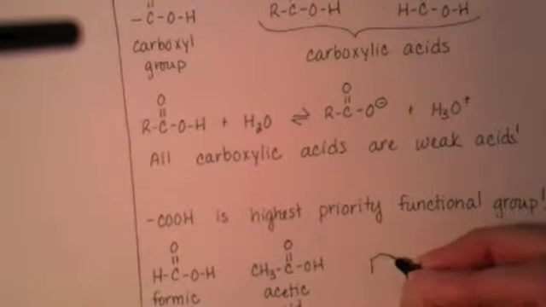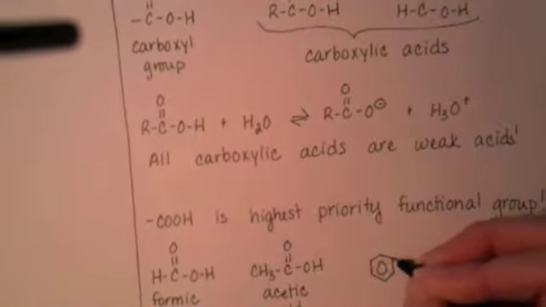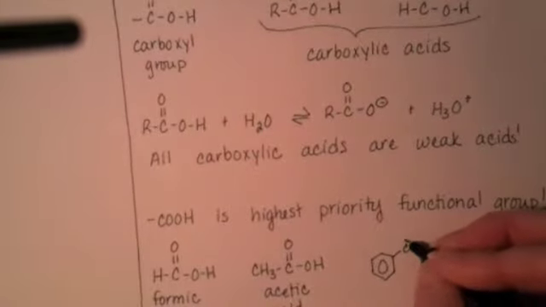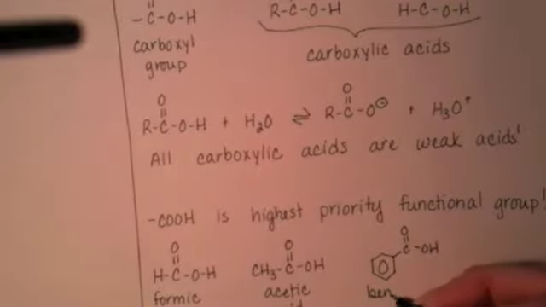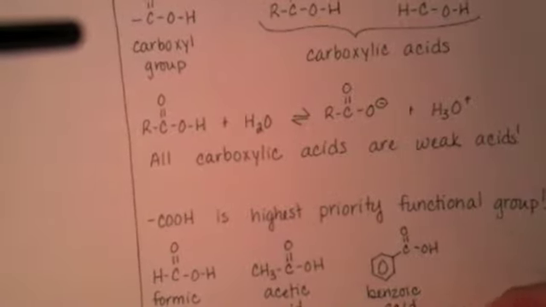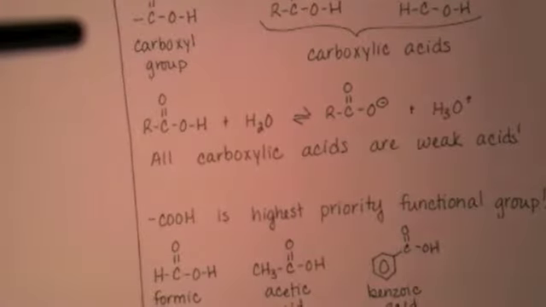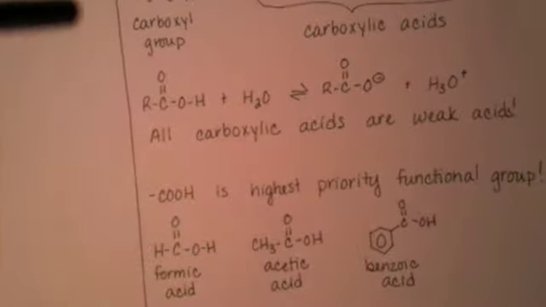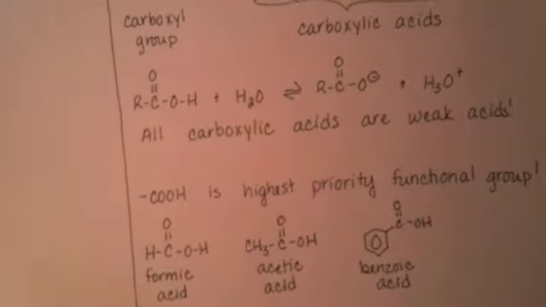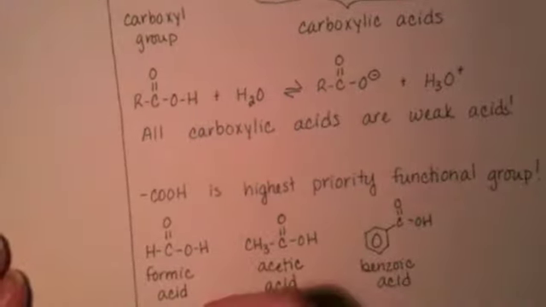And then one that you learned last quarter in the aromatic chapters, benzoic acid. For the rest of the carboxylic acids, they're typically just referred to by their IUPAC name, so we're going to learn the IUPAC system for naming all of the rest of them.